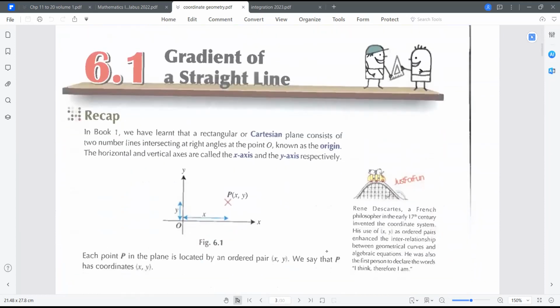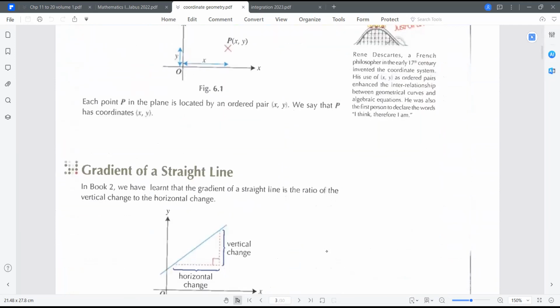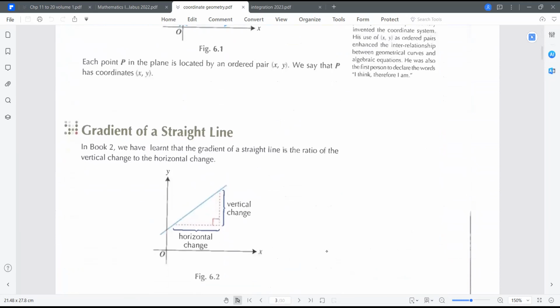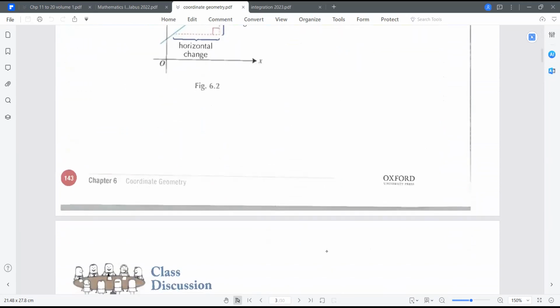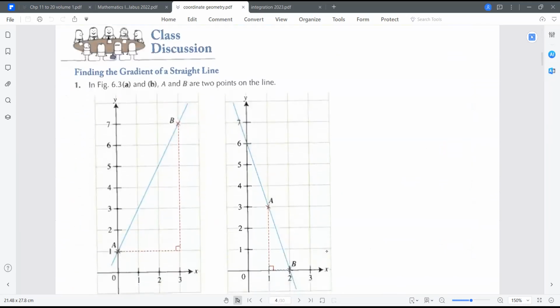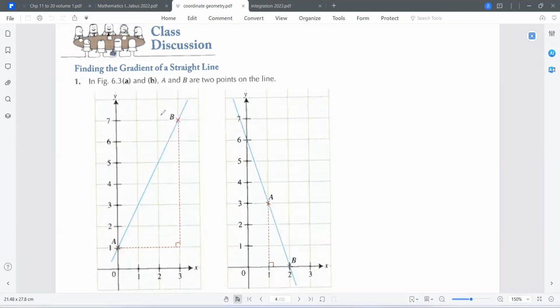I'm not discussing these things because we already did them, and we already did gradient as rise per unit run. Let me give you another example with this class discussion, and another definition of a slope, which is very necessary. You people should know this definition of a slope as well.